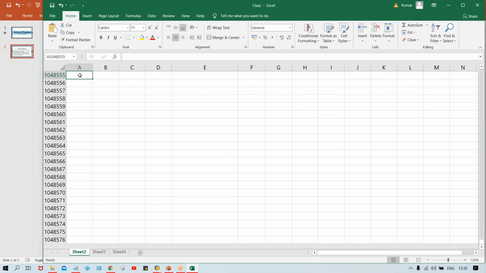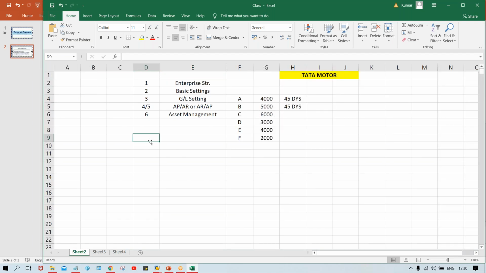Likewise, here it is 45 days. For this vendor, let's suppose the contract is of 30 days, for this vendor 60 days, again 60 days.